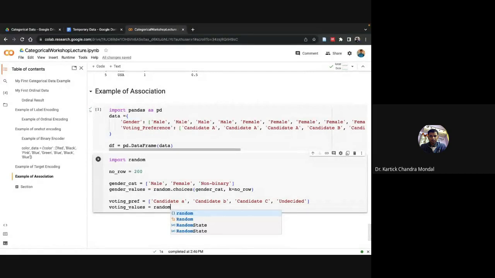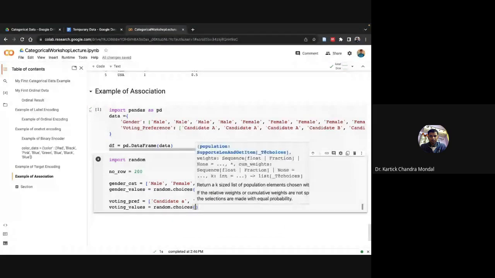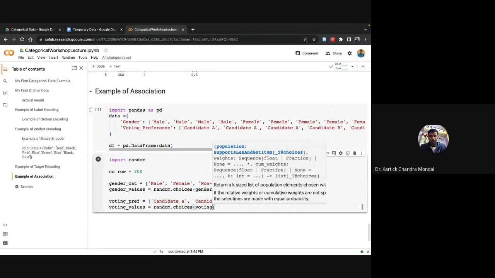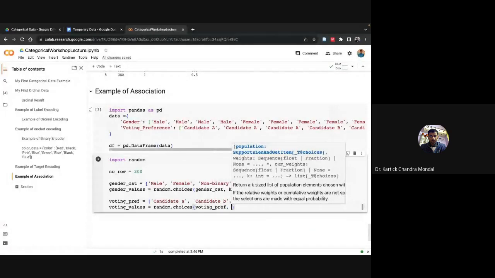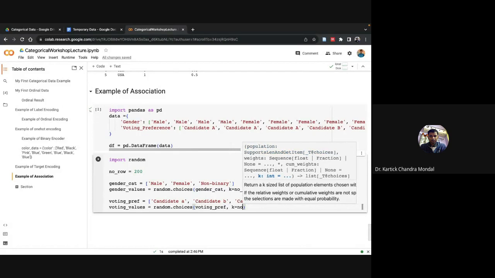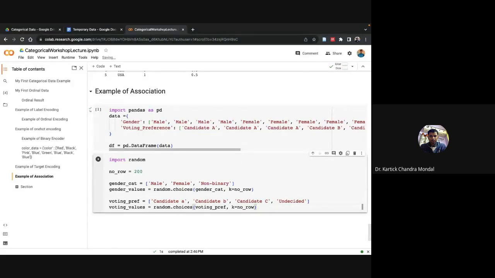So random dot choices, voting pref, comma k equals number of rows. And after creating these two values, I can create a data frame.